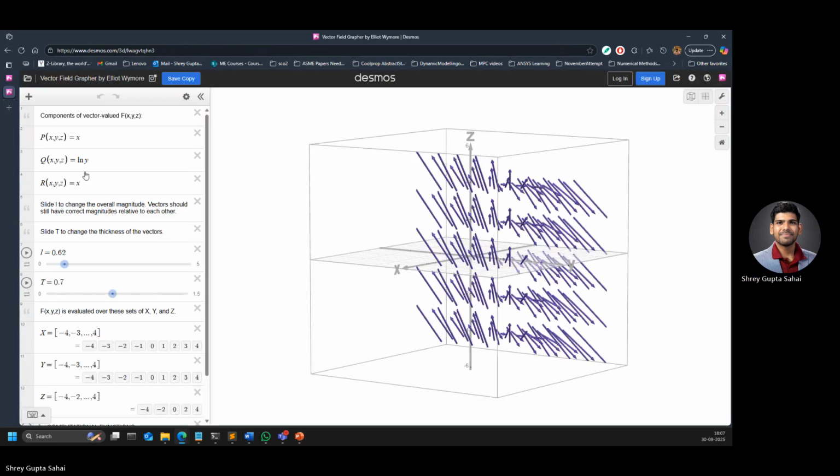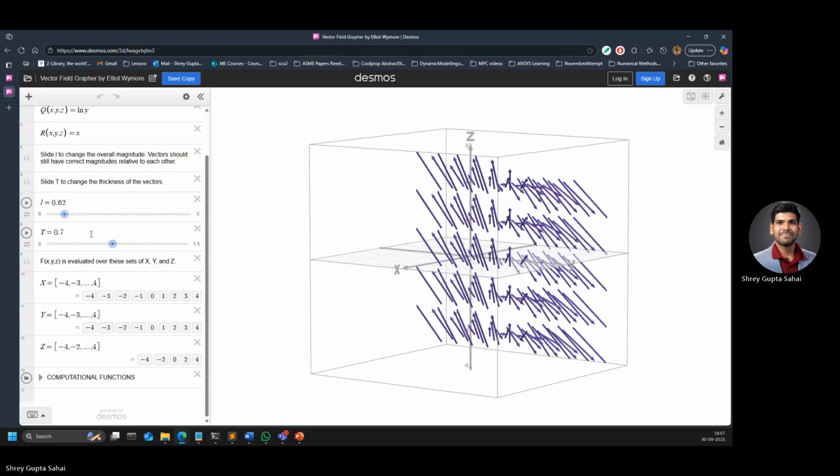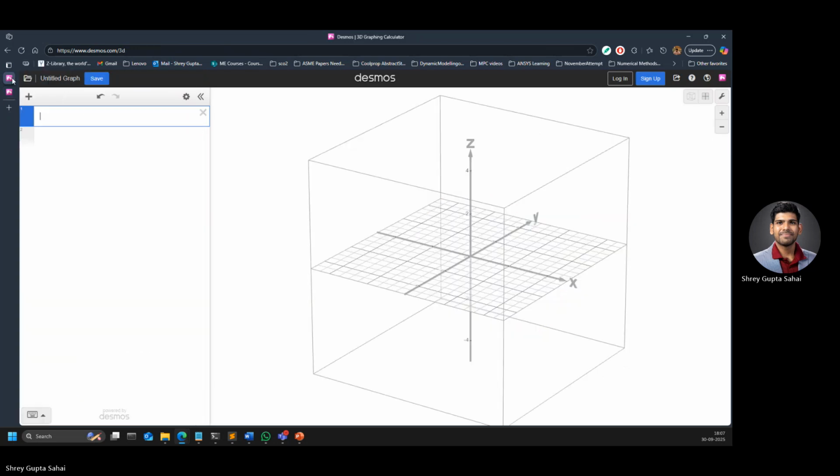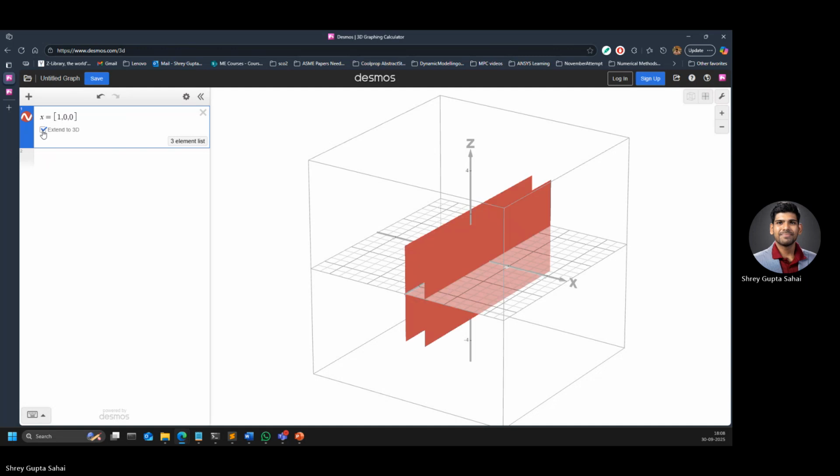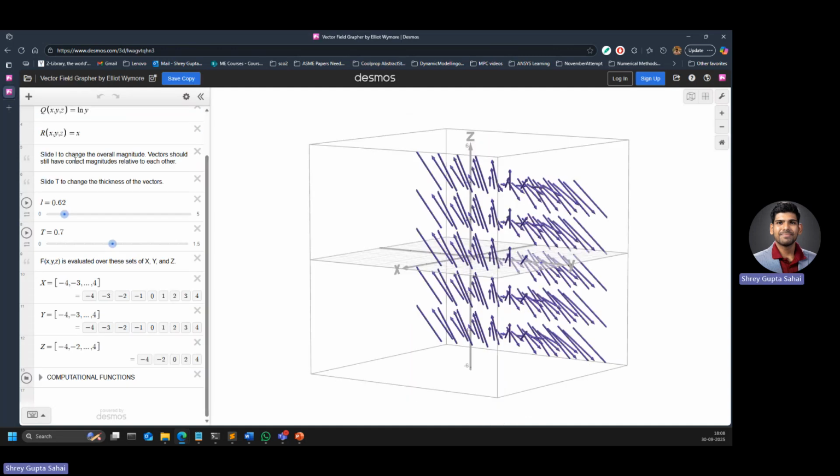So this is not a vector, I will try this.